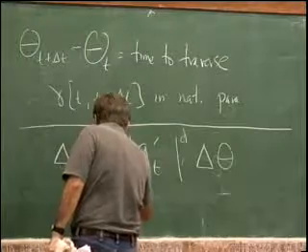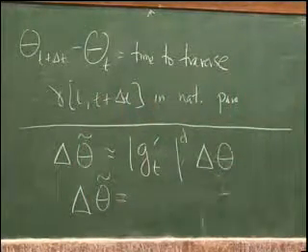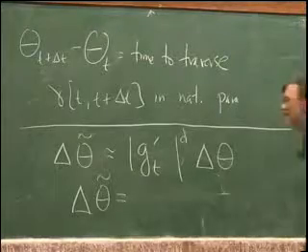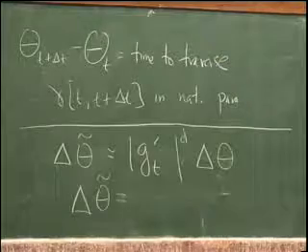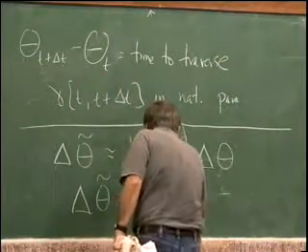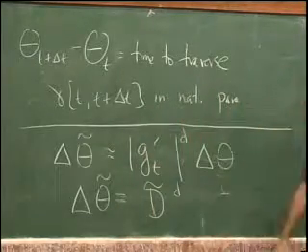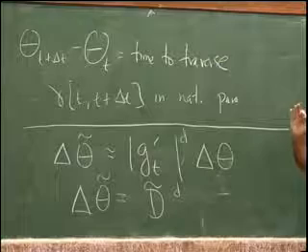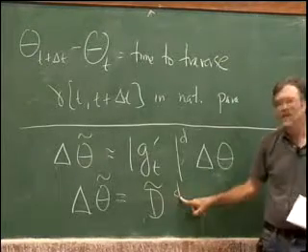And the other thing I wanted to write is that I would expect delta theta tilde to look like, let me still call this d tilde, d tilde to the dth power. So if I've got a d-dimensional measure, something of diameter d tilde should look like this.